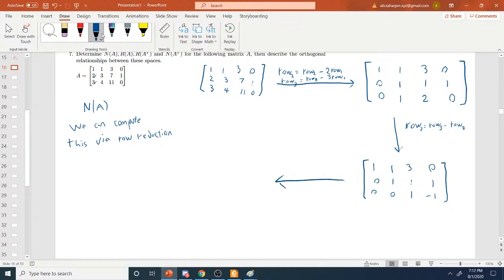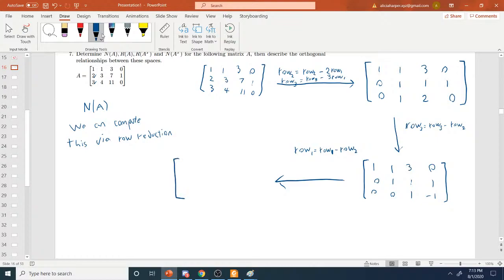Next thing I do is I set row 1 equal to row 1 minus row 2. What I'm trying to do is get rid of this 1 so that this leading 1 is the only one in the row. This is the same thing we do when we're putting a matrix in row reduced echelon form.